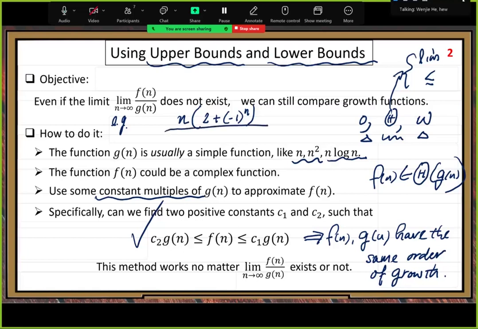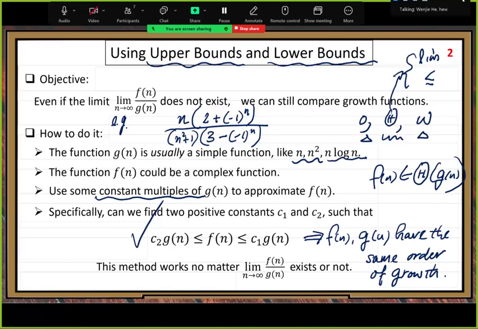So the lower function, let's use this one: n squared plus 1, then big parenthesis, 3 minus parenthesis -1 to the nth power.